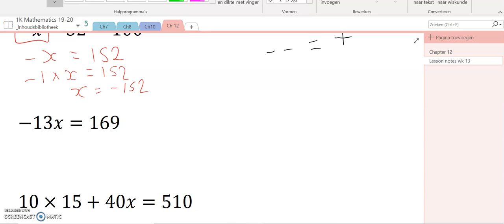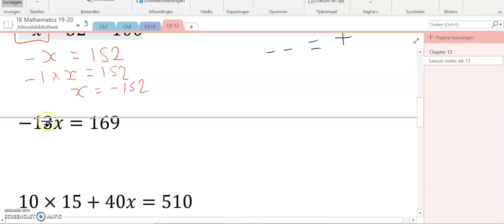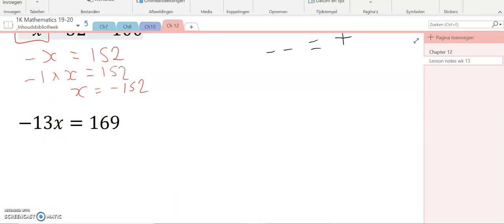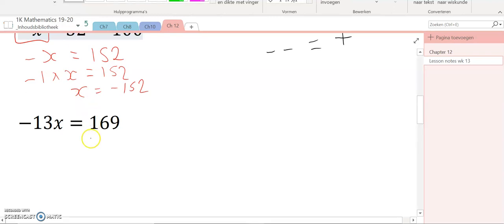The second one, negative 13x is the same as 169. Okay, well, actually, it's like this, negative 13 times x. Look at the difference of writing multiplication. You can also write a point instead of a multiplication sign, is 169.